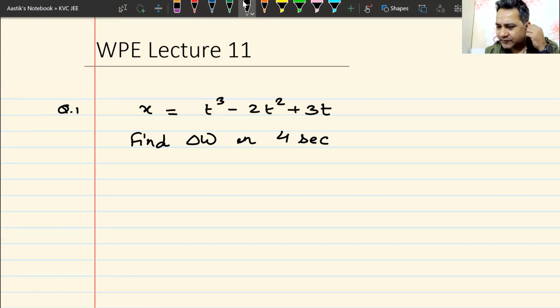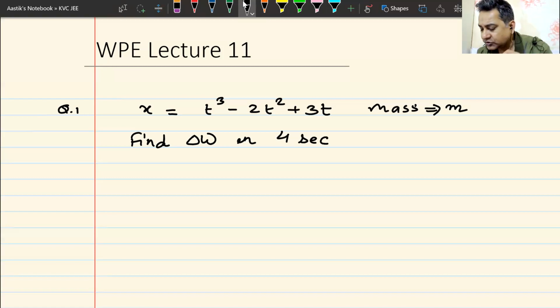Maybe my function is different, but that doesn't make any difference to the ultimate question. I think mass was also given. So let me call the mass of the body m, so I make it a general question. Mass of the body is given as m. X, the position, is given as a function of time.